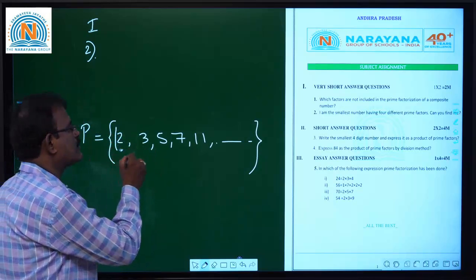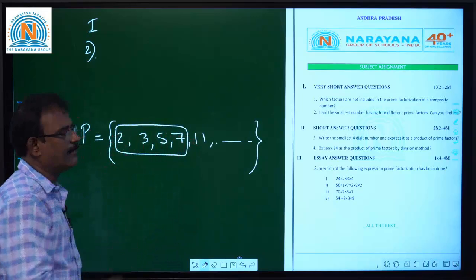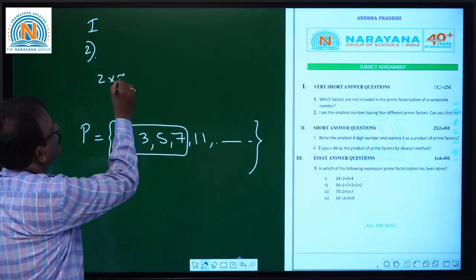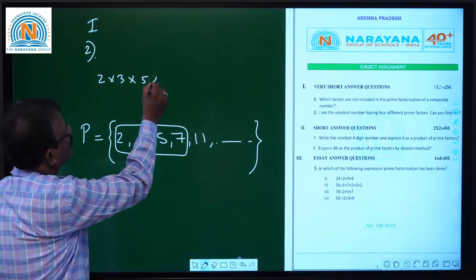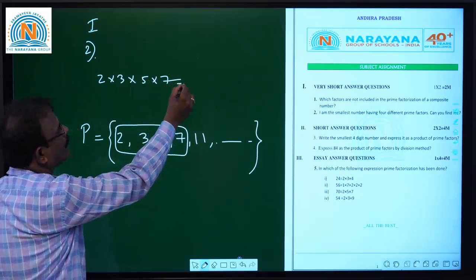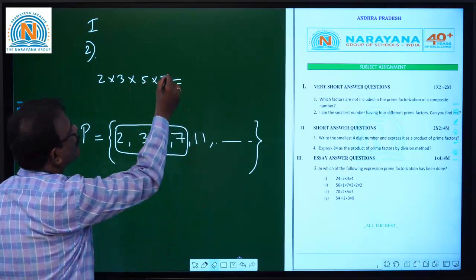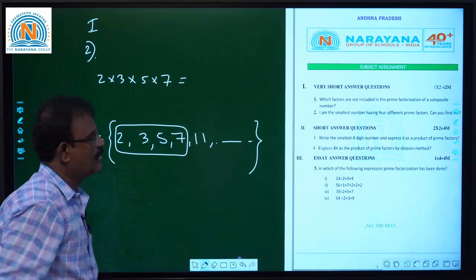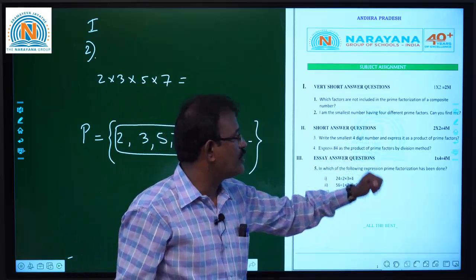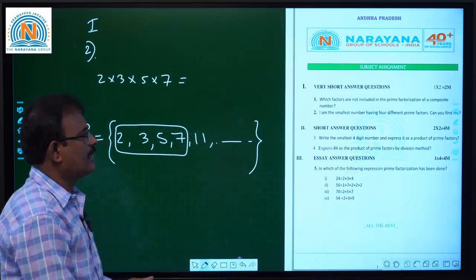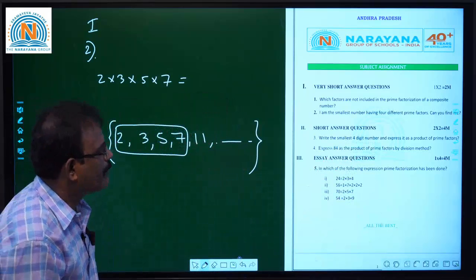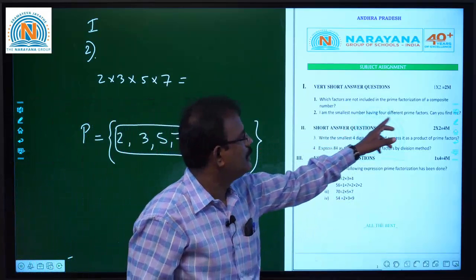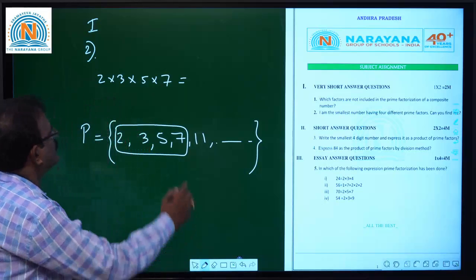if you consider the first 4 prime numbers, let us take their product 2 into 3 into 5 into 7. This is the smallest number expressed as a product of 4 different prime factors.